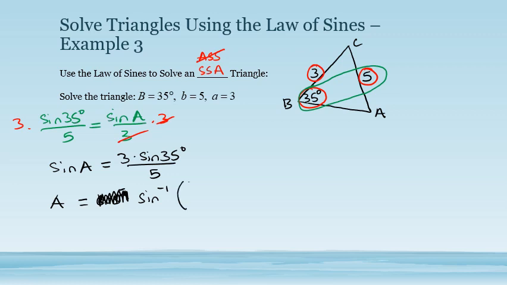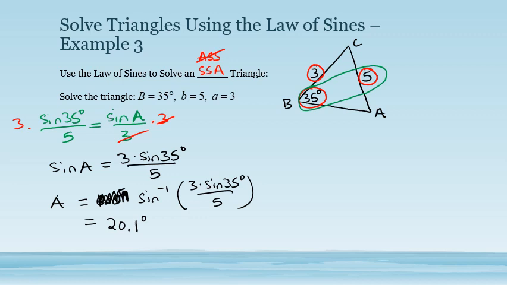So what is 3 times the sine of 35 degrees over 5? So when I put that into my calculator, sine inverse of 3 times the sine of 35 degrees divided by 5, I get an answer for angle A of 20.1 degrees. Now, here's what you have to remember. 20.1 degrees may be one of the answers or the only answer, but we have to consider the alternative.